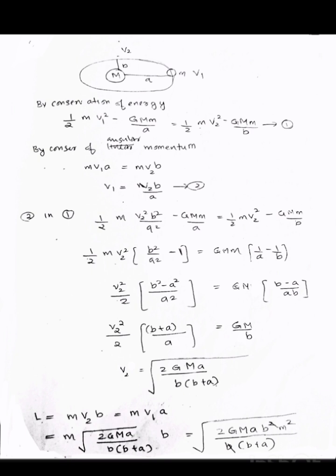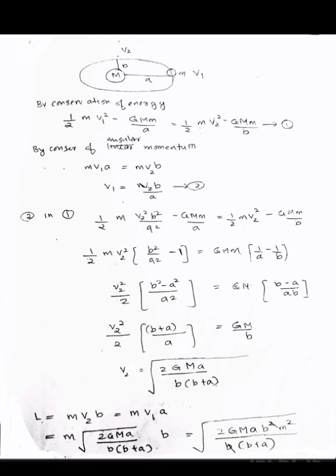By the conservation of energy, half m v1 square minus GMm by a is equal to half m v2 square minus GMm by b. This is equation number 1. Then by the conservation of angular momentum, m v1a is equal to m v2b, that is v1 is equal to v2b by a. This is equation number 2.